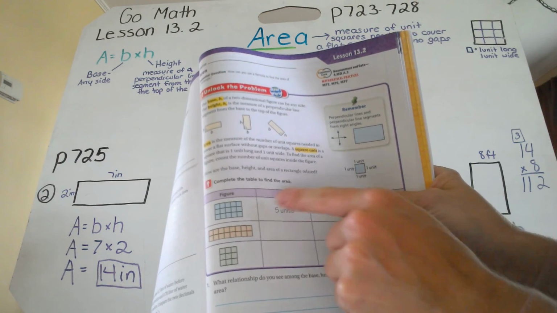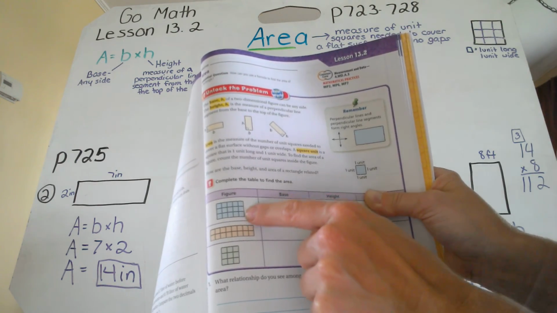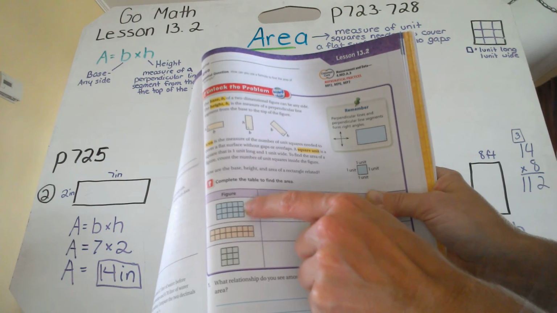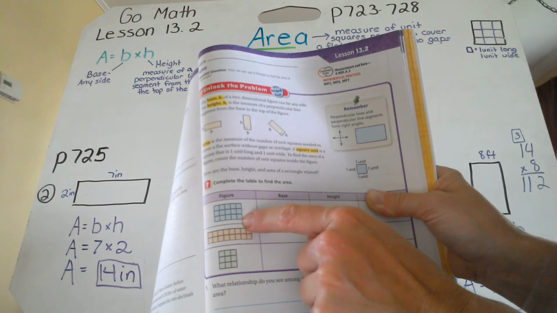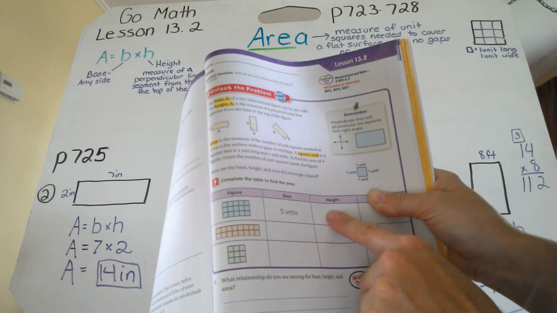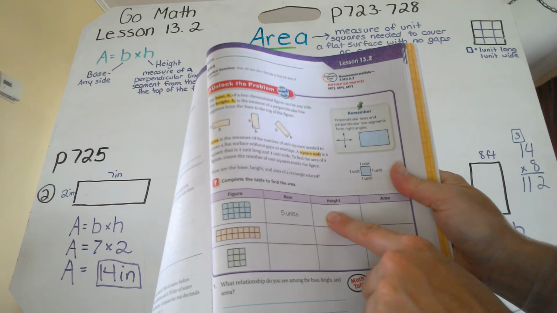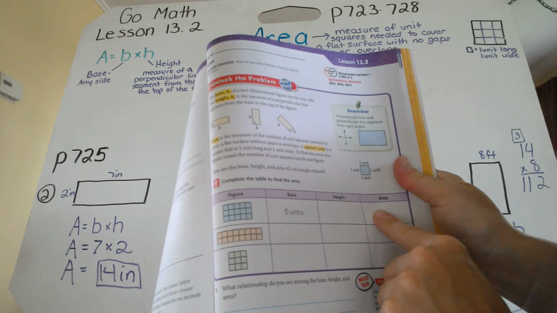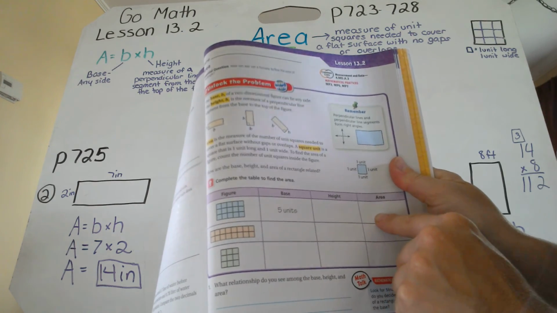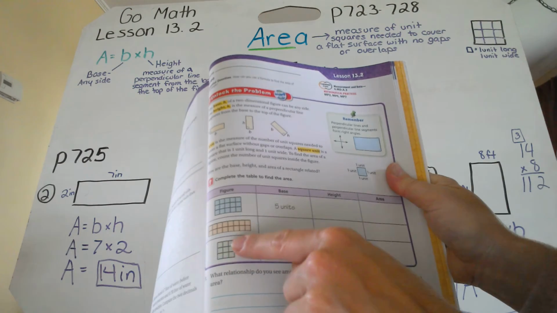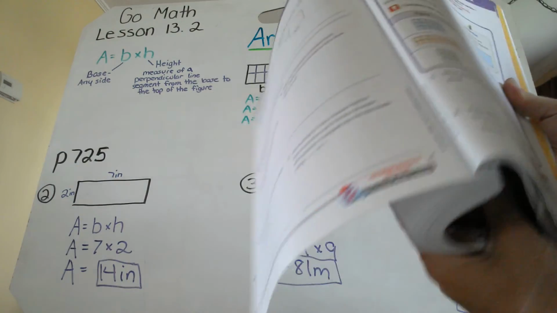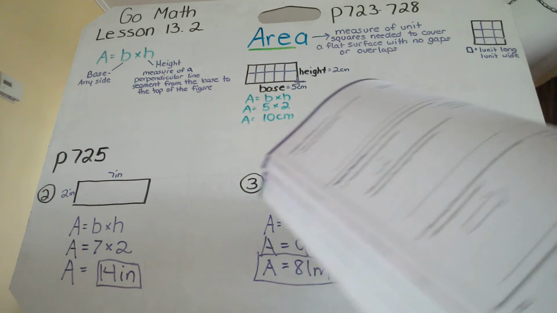Your height would be this side right here. And how many unit squares do you see on this side? 1, 2, 3. So your height for this would be 3. And then your area, if you multiply 5 times 3, you get 15 units. So that's what you're doing for these two figures as well. All you're doing is counting the unit squares inside.